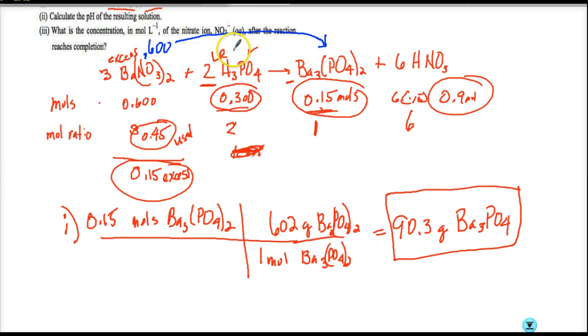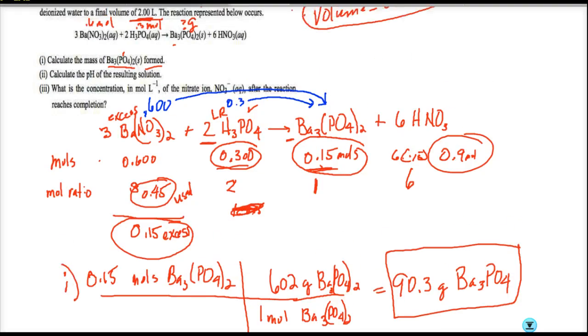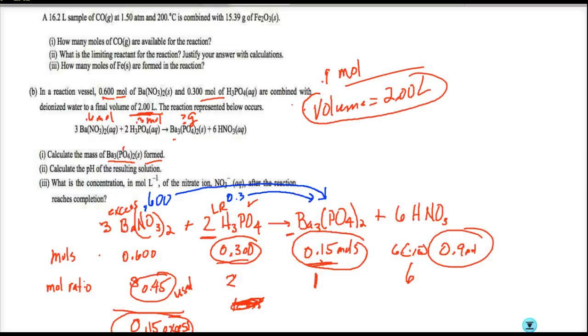Then you take this one, and you had 0.3, and you pick the least, and going with the least, you would have figured out the mass based on that phosphoric acid calculation, because it would have been your least.